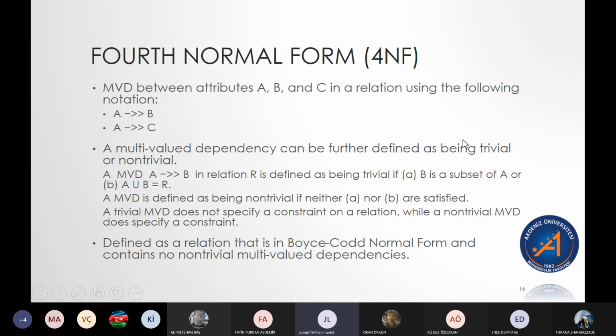And I want to point out again something that I hopefully mentioned before. As we keep moving up that normal form hierarchy, into higher and higher normal forms, each one is defined as a relation that is in a certain normal form and contains some higher level of restriction.